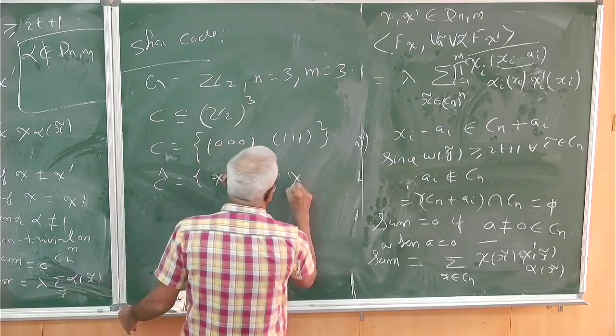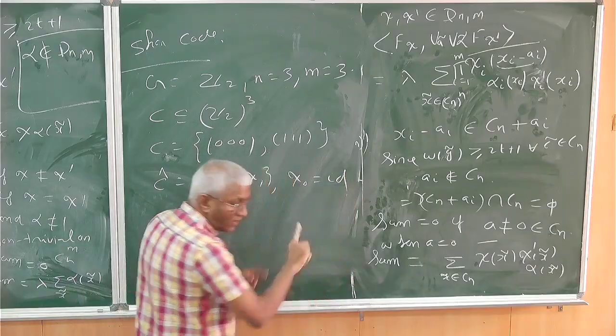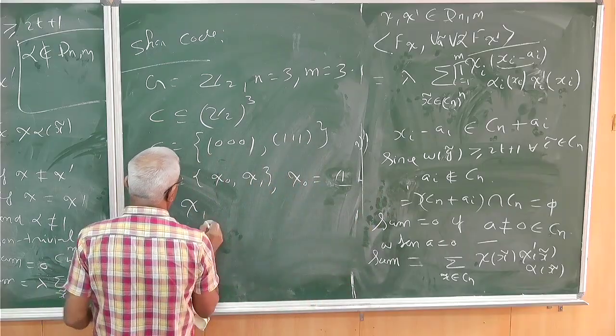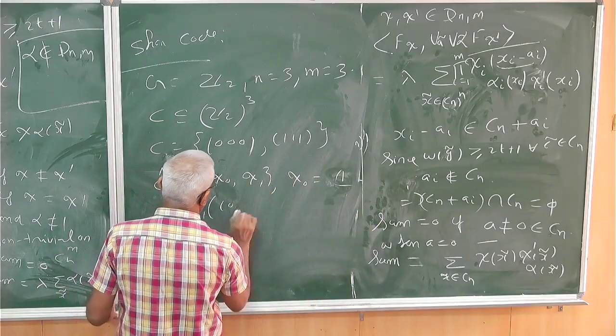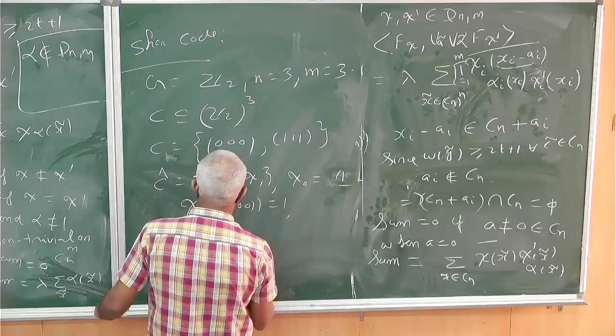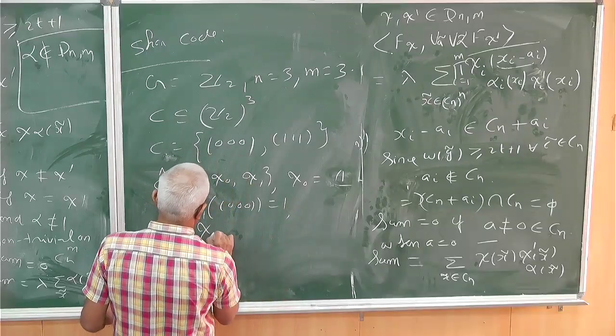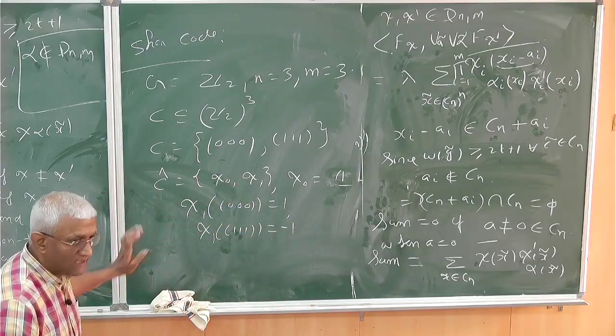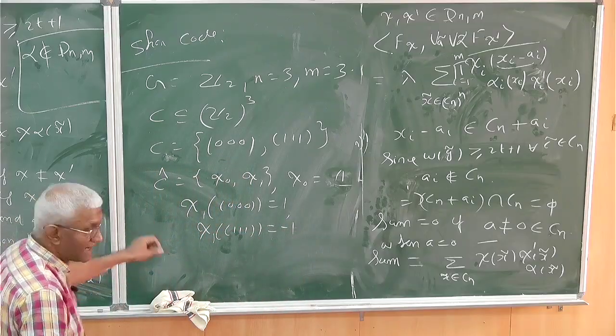Chi naught is equal to the identity, I mean, the constant function 1. And chi 1 of (0,0,0) will be equal to 1, and chi 1 of (1,1,1) will be minus 1. That's all. This is the function. This is C hat.